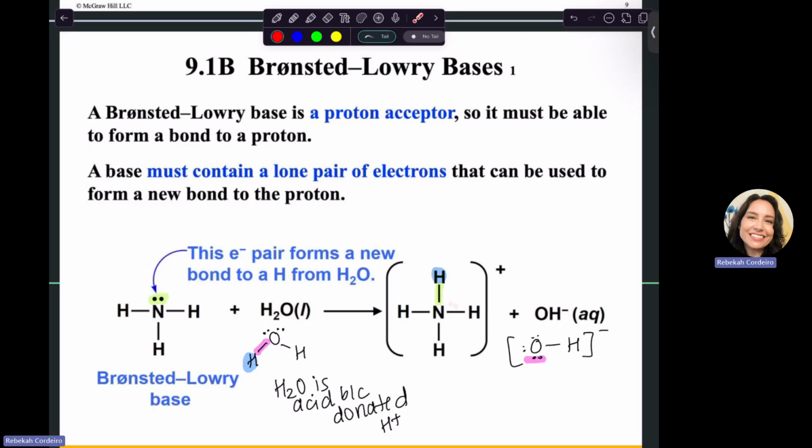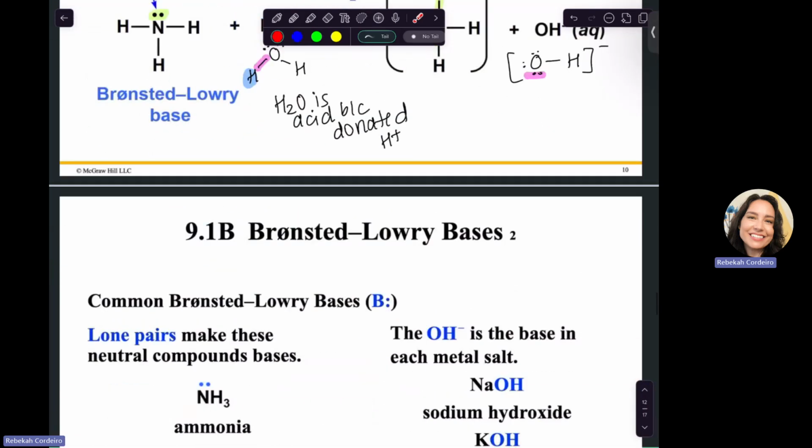Most of the bases that we're going to talk about are bases that already have hydroxide in them. They're like ionic compounds that make hydroxide. Those are going to be our strong bases, or bases that have nitrogen in them. And so we're going to be thinking about those bases that look like ammonia, with the nitrogen and the lone pair that are going to take an H. You'll see some examples as we get moving on.